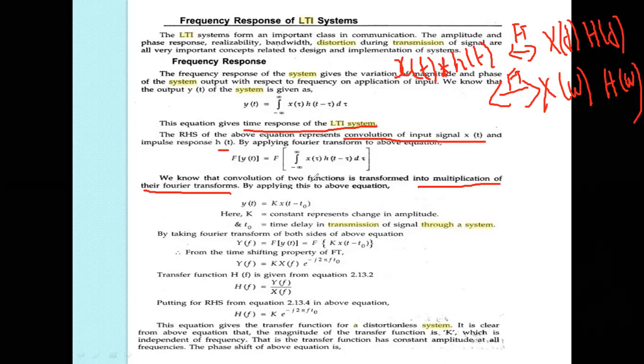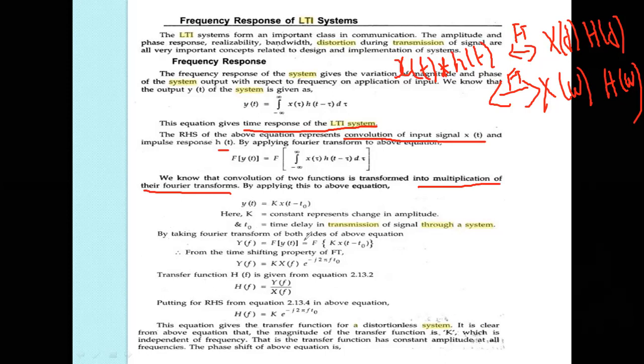We know that the convolution of two functions is transformed into multiplication of their Fourier transforms. Applying this, take y of t equal to k into x of t minus t naught. Here k is a constant representing a change in amplitude, and t naught is a time delay in the transmission of a signal through a system. The input is delayed by t naught.